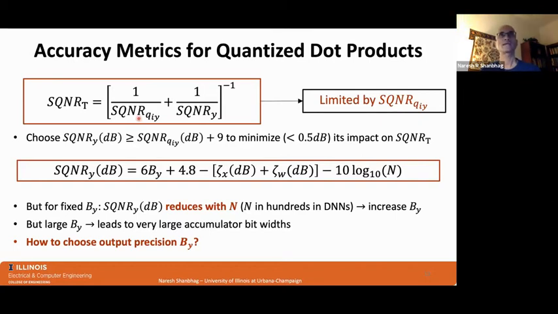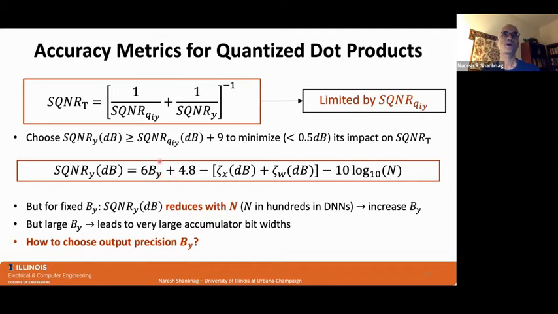I've just chosen this number. And if I do that, I can show that this total is within 0.5 dB of this upper bound. So SQNR QIY upper bounds the total SQNR, okay? And that's captured in this equation here.